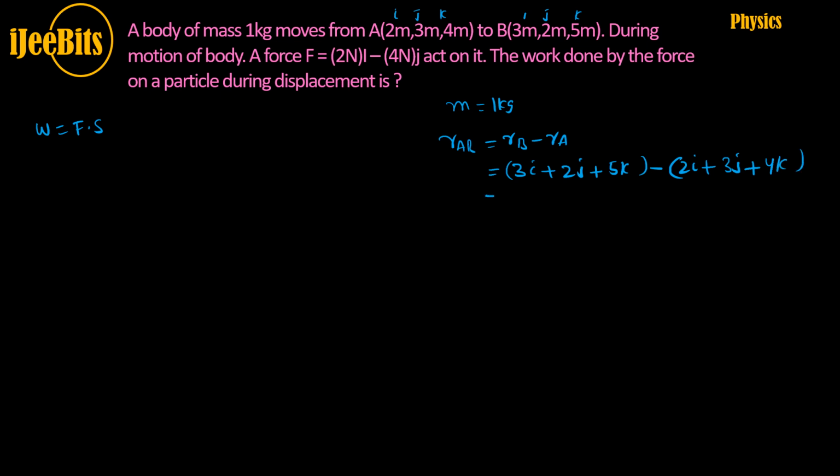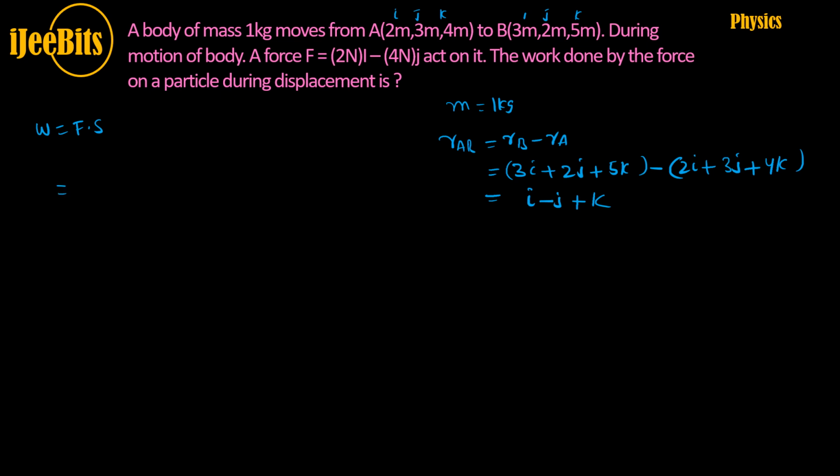Then subtract: 3 minus 2 is 1i, and 2 minus 3 is a minus value, so minus j, and 5k minus 4k is plus k. This is what is given.